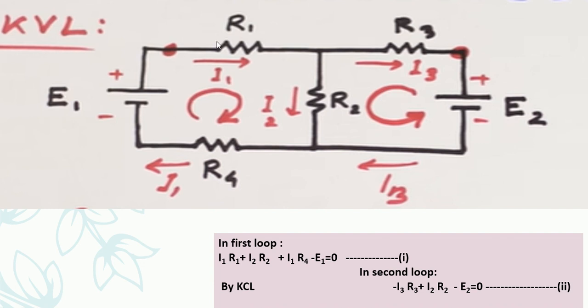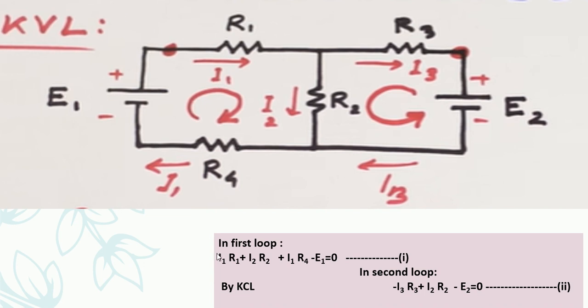So the voltage drop through R1 will be what? According to Ohm's law, V equals IR, so I1 R1. Then if we consider loop 1 and measure the voltage clockwise, the current is flowing clockwise.